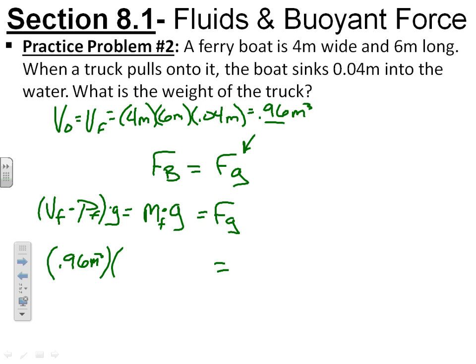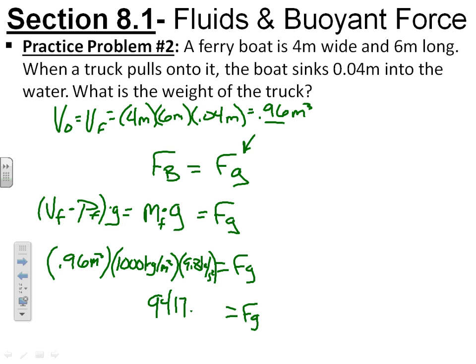We know the density of water, again, is 1,000 kilograms per meter cubed. And we also know the acceleration due to gravity is always 9.81 meters per second squared. That value will give us a force due to gravity, which is the weight, of 9417.6 newtons.